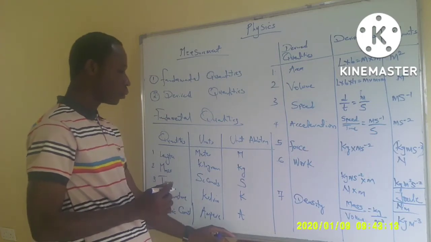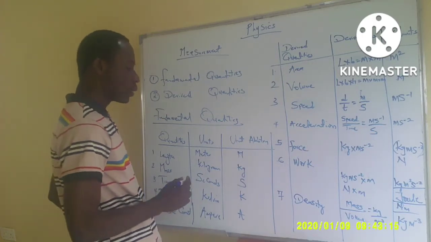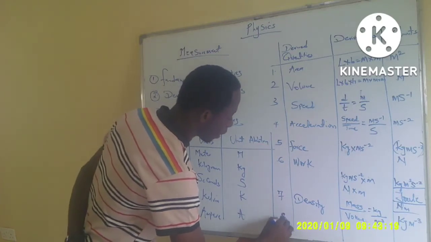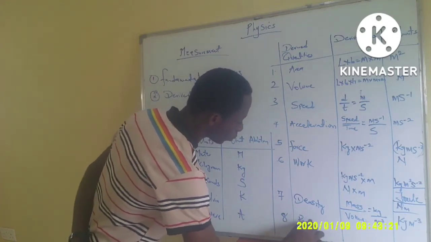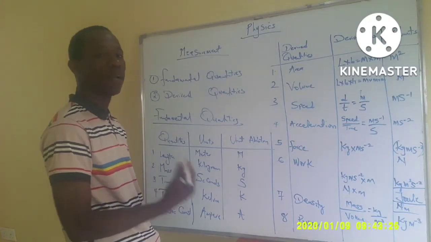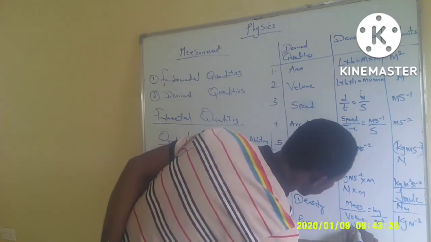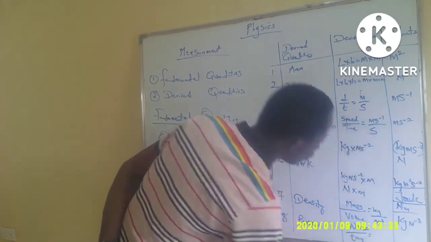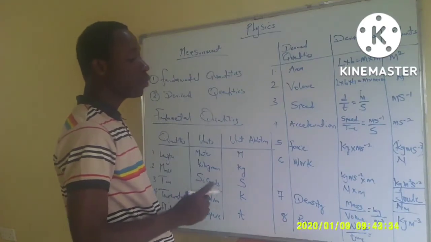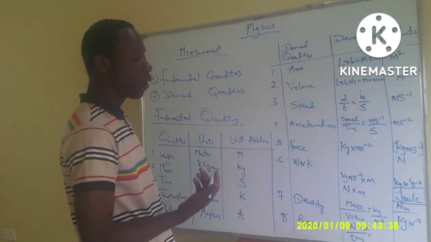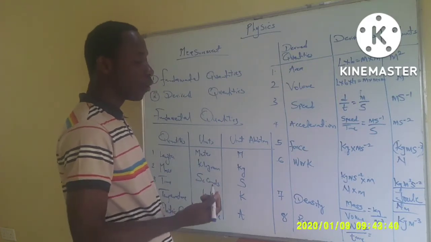Then the last one we are going to treat is number 8, power. What is power? Power is work over time. So what is the unit of our work? The unit of our work is kilogram meter square per second square, or joule, or Newton meter.